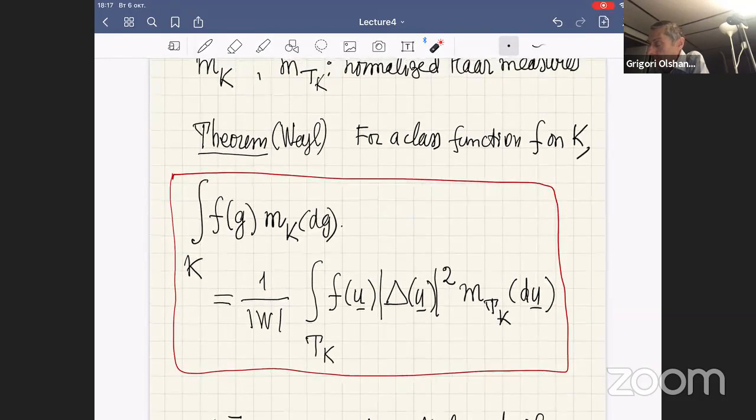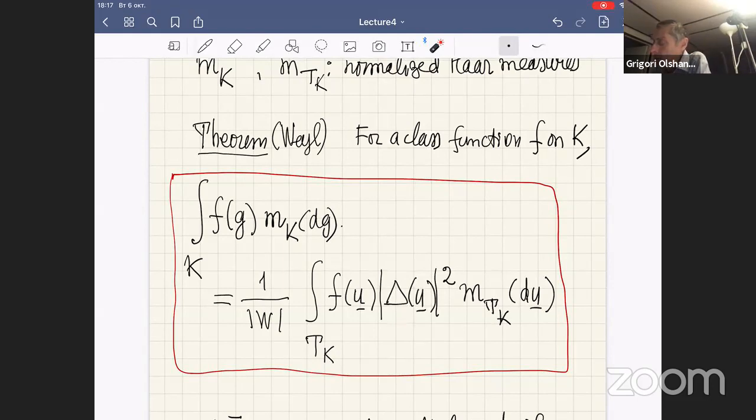So what is here? Here we have the compact torus. We restrict our function to this torus and integrate it against the normalized Haar measure multiplied by the squared modulus of the Weyl denominator.